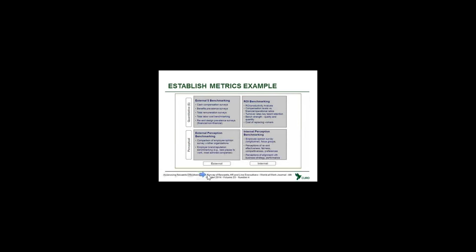And the Hay study also gives a similar version of this. They provide a model that's quite holistic and balanced in terms of developing metrics and KPIs to demonstrate reward effectiveness. And again, you can see there's this broad range of measures with a mix of benchmarking data together with feedback from managers and employees. And all of those, you can pull together to match to your key reward principles.